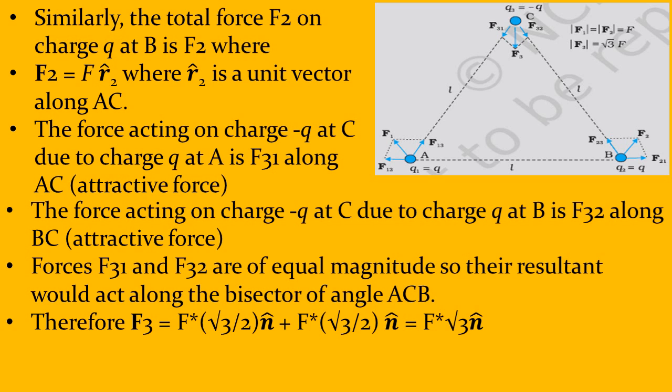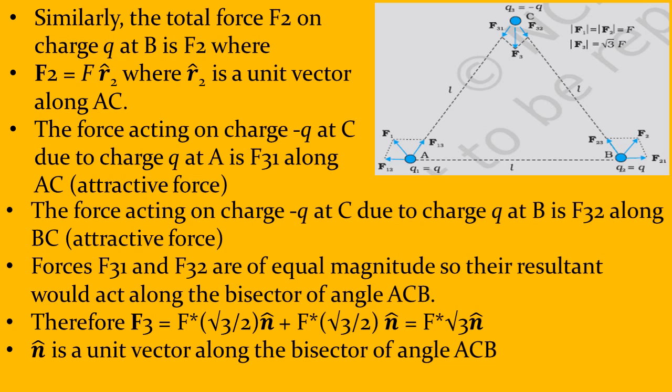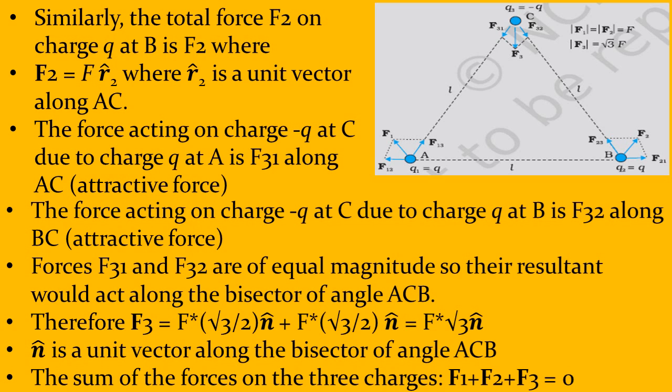F into root 3 n hat. F into root 3 is the magnitude and n hat is the unit vector in the direction from C towards the perpendicular to AB. N is a unit vector along the bisector of the angle ACB.